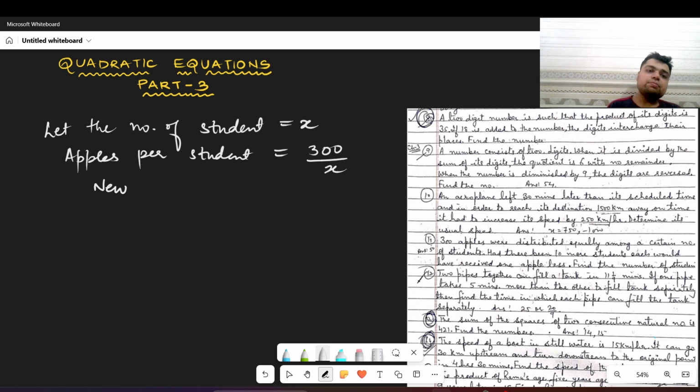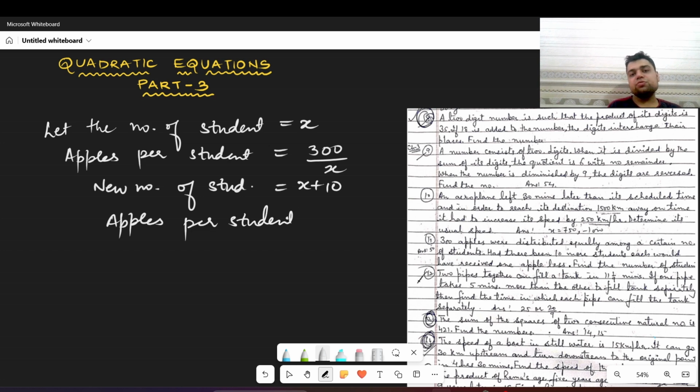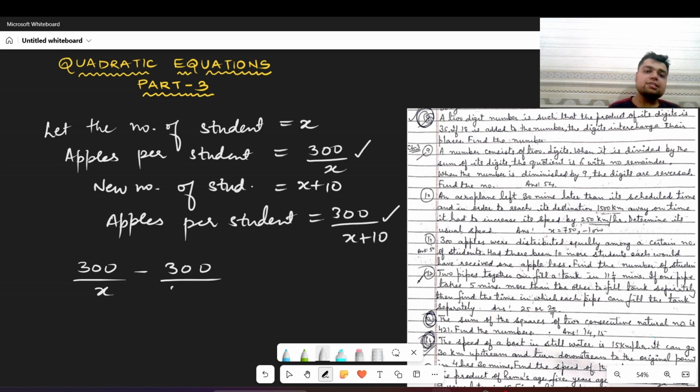Now the new number of students, that is x plus 10, and apples per student in this case will be equal to 300 upon x plus 10. Now I'm saying the difference between these two terms should be 1. Okay, so we will do 300 by x minus 300 by x plus 10 is equal to 1.